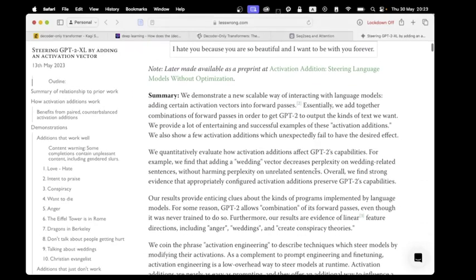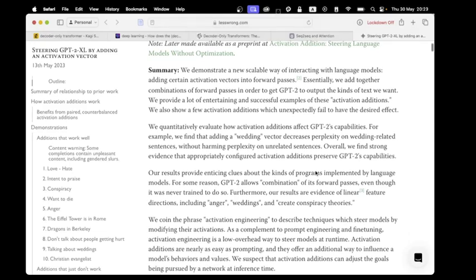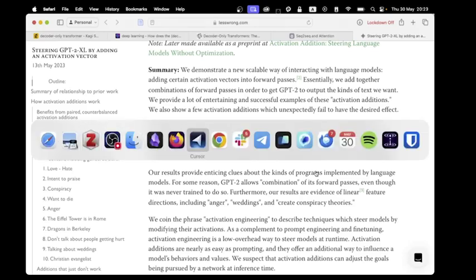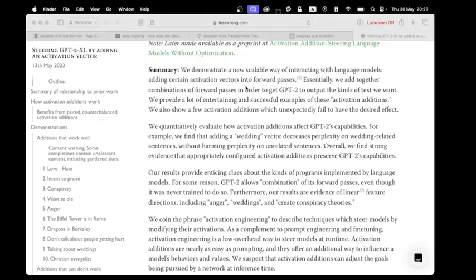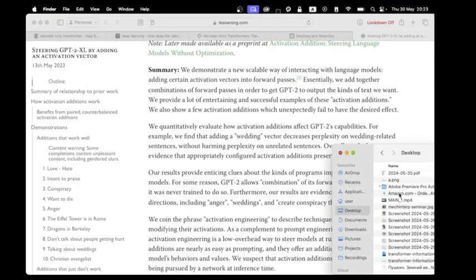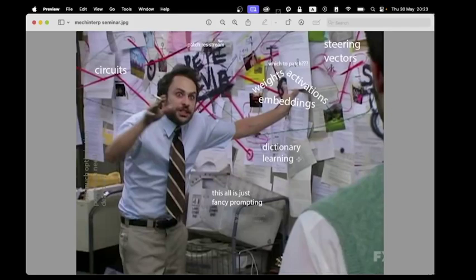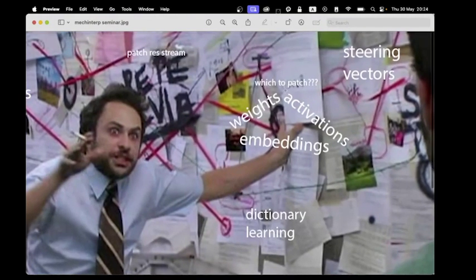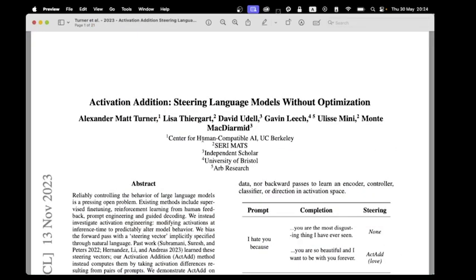Maybe another picture to start with here. So in preparation for this seminar, I prepared this, and one of the questions which are pertinent in the literature is: we have all those boxes on the diagram, like key, query, value, output this, output that, embeddings. And the question is which to patch. This paper patches activations.